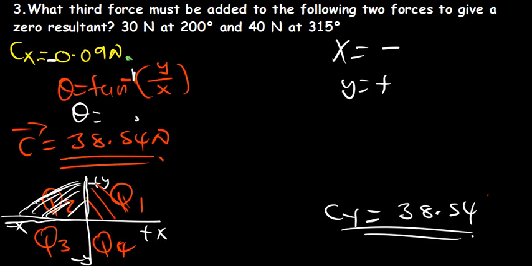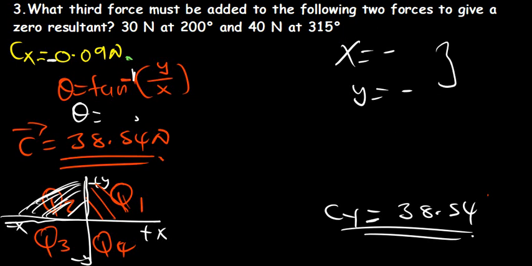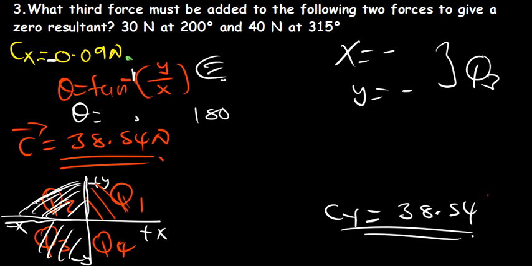The next thing you need to know is that when x is negative and the y component is also negative, you are in the third quadrant. When you find the answer using this formula, the next thing you have to do is say 180 plus the theta.